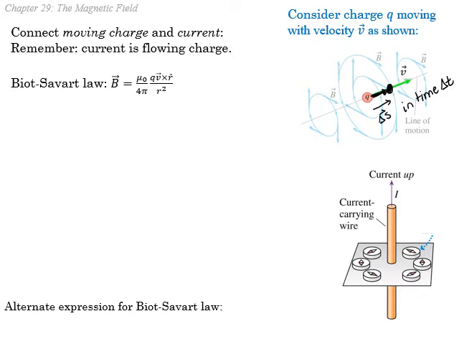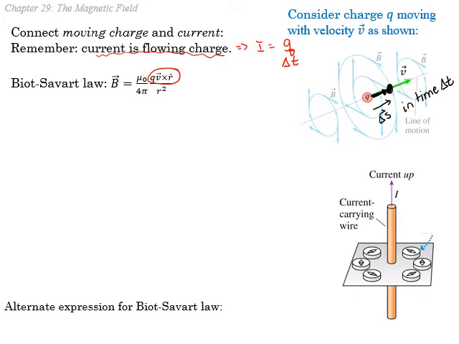Another thing that we know about current is that current is flowing charge. That means that our current I is our charge over time. So now we'd like to put these things together in our Biot-Savart law. I've got the Biot-Savart law written out here. The part we'll focus in on is the QV cross R hat.